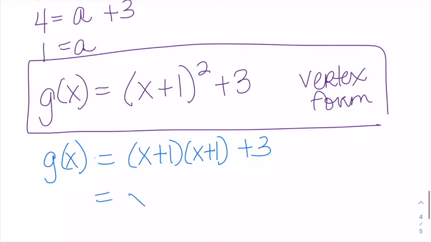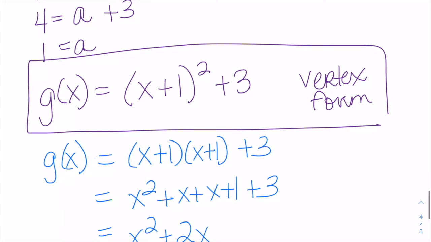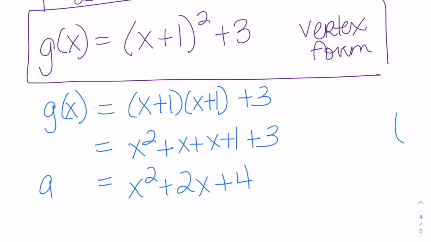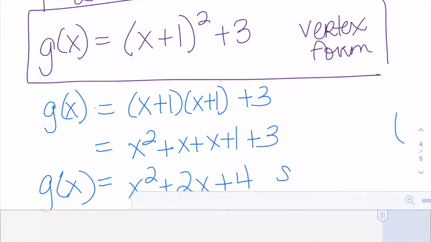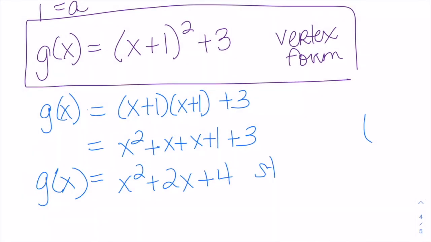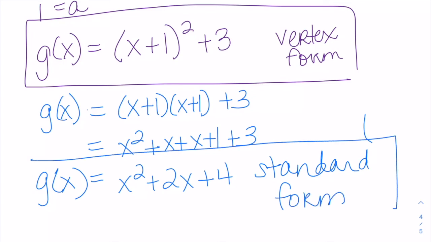So again, when you FOIL, you get x squared plus 2x plus 1, and then we'll have x squared plus 2x plus 4. So g of x in standard form will be x squared plus 2x plus 4. Put a box around that as well.